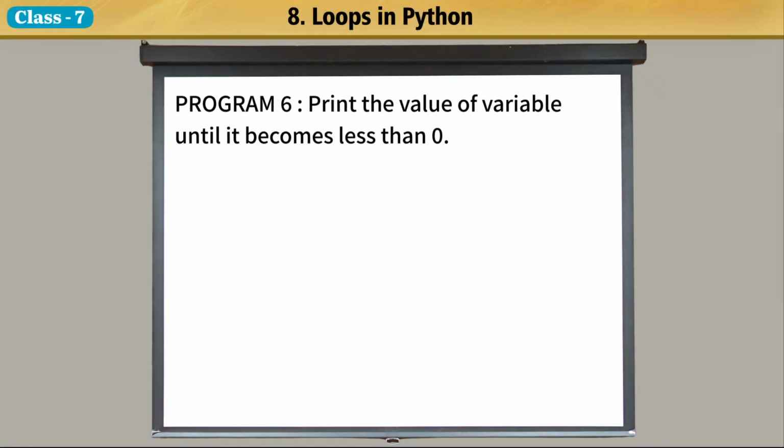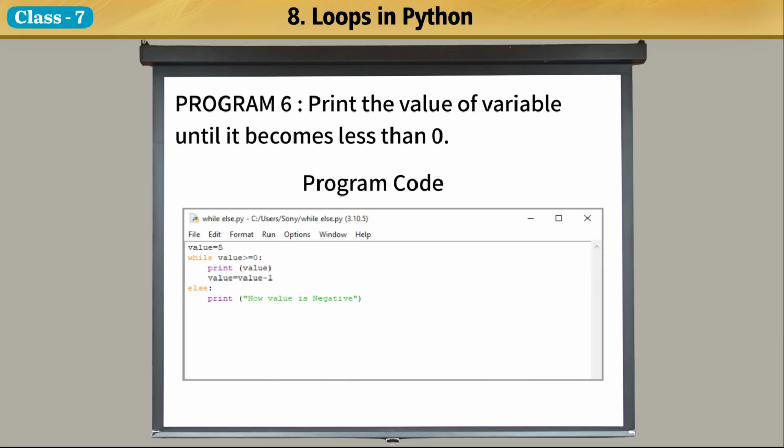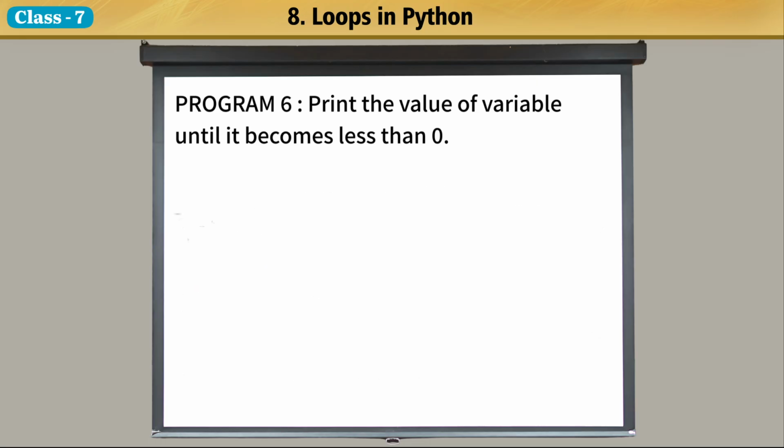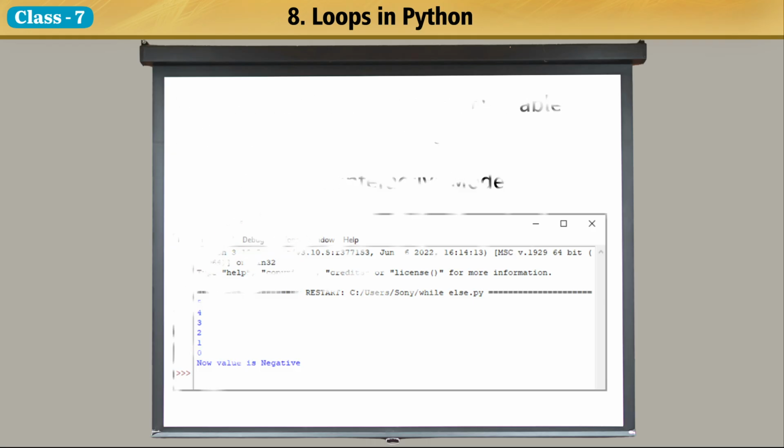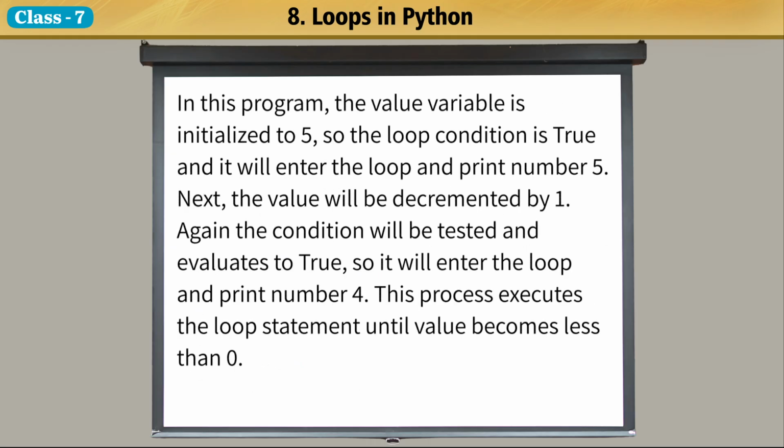Program 6. Print the value of the variable until it becomes less than 0. Program code. Output in interactive mode. In this program, the value variable is initialized to 5, so the loop condition is true and it will enter the loop and print number 5.